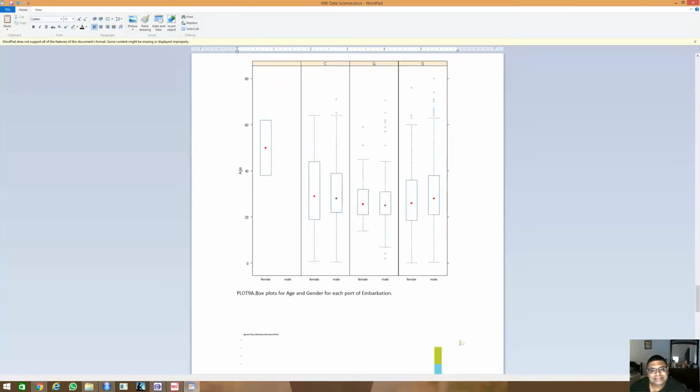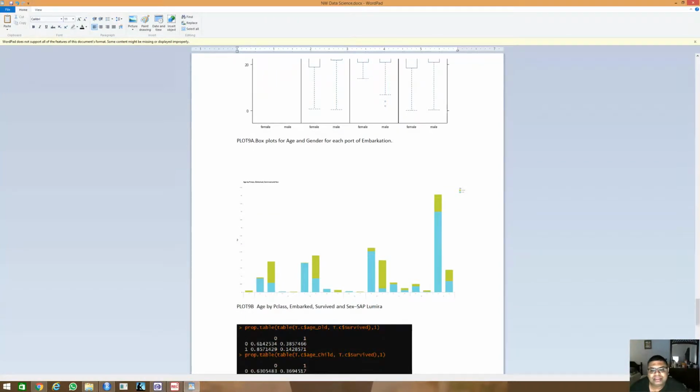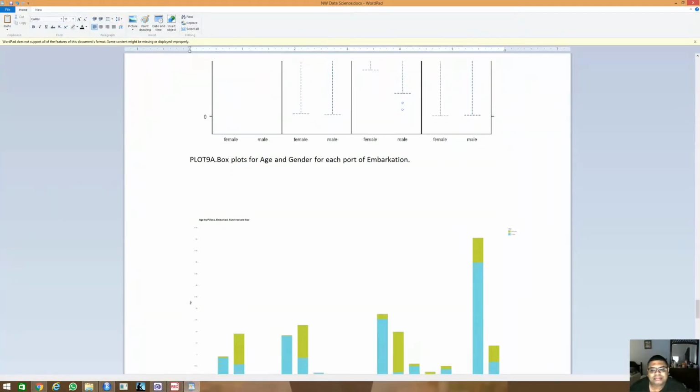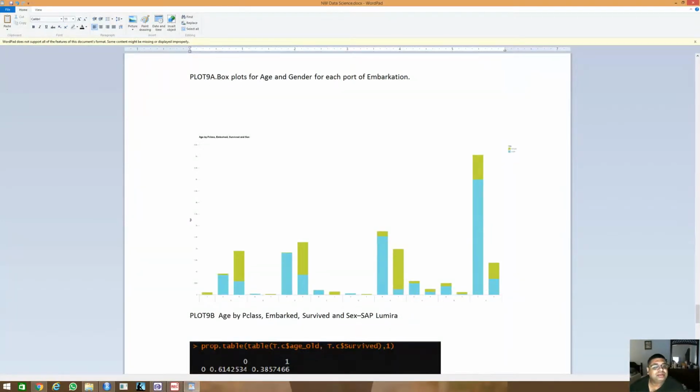Now this is a multivariate comparison between age, the port of embarkation, and the passenger class, separated into the male and female genders.